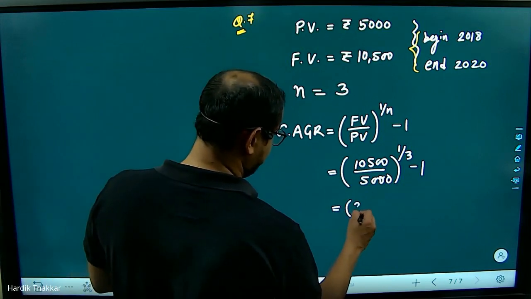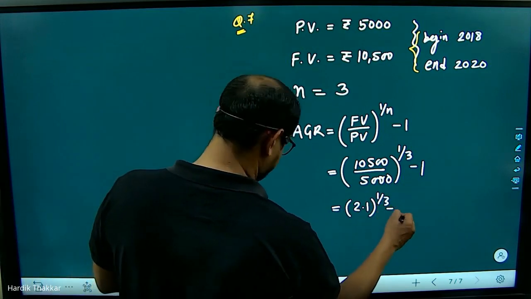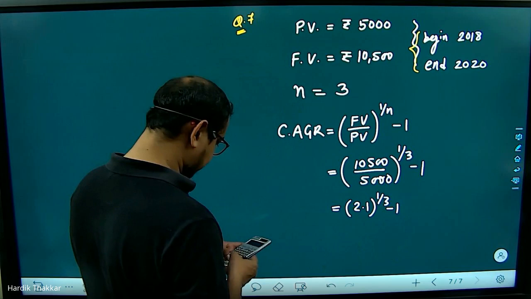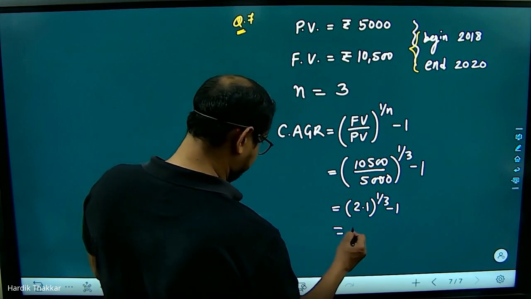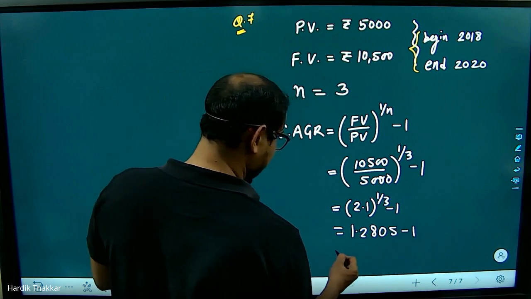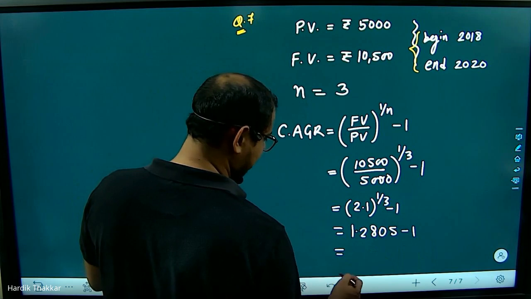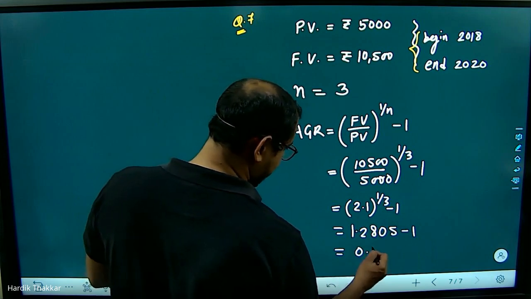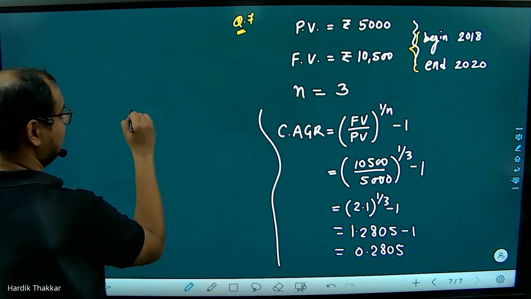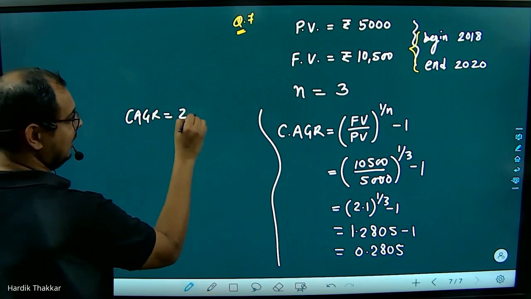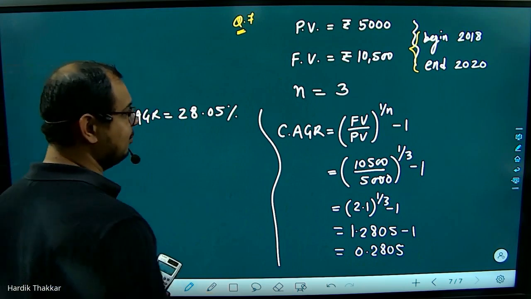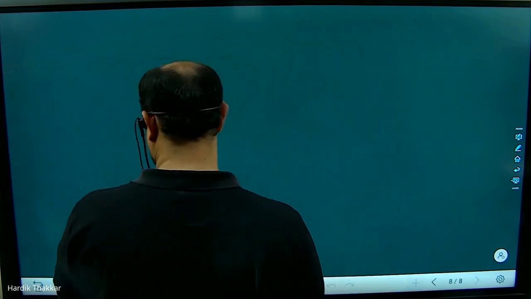Yes, so it is 2.1 raised to power 1 by 3 minus 1, and the power 1 by 3 will be 1.2805 minus 1. So this value will be 1.2805. And further you will get 0.2805. And in percentage, we can write CAGR as 28.05%. That's it. Okay. Now let's move to the next question, question number 8.